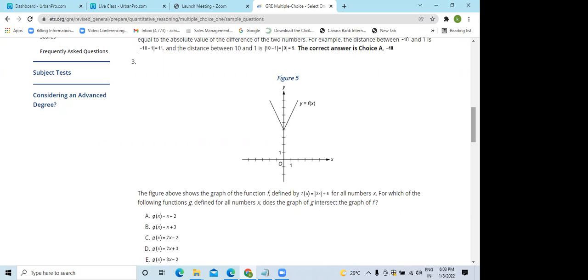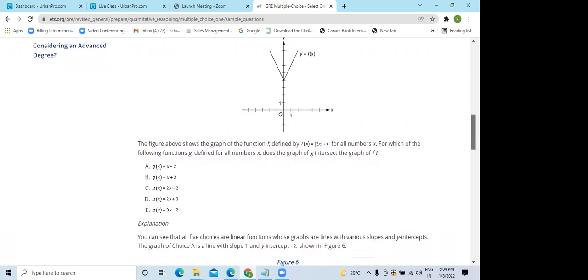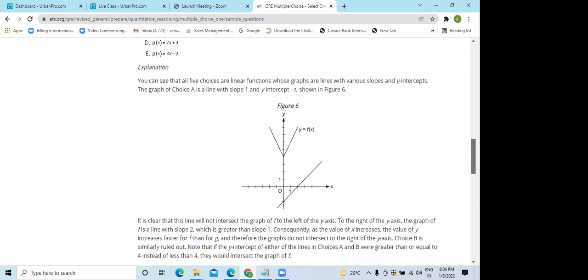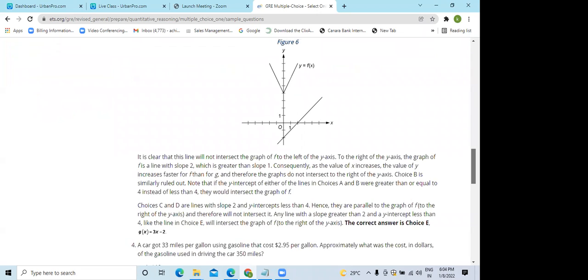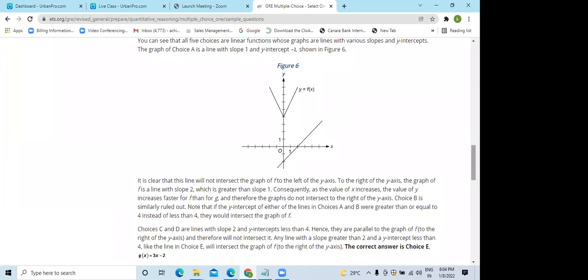Okay, not a problem. Oh, my mistake. f(x) is equal to 2x plus 4. This is approximately. It's going to be B, I think, sir. Okay, it's B. Sure, right? So unfortunately, the correct answer choice is E.